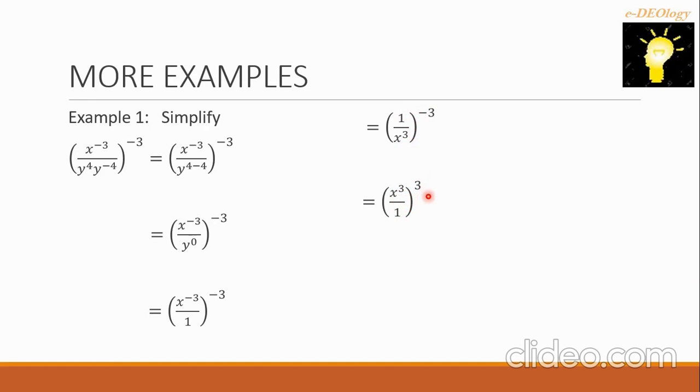And then we are now to distribute this exponent 3 into the numerator and the denominator. So we have the x cubed all raised to 3 and then the 1 raised to 3. x cubed raised to 3 becomes x raised to 9 and then this 1 cubed is simply 1, so we can put here over 1. With that denominator of 1, there is no need to write. So our final answer is x raised to 9.